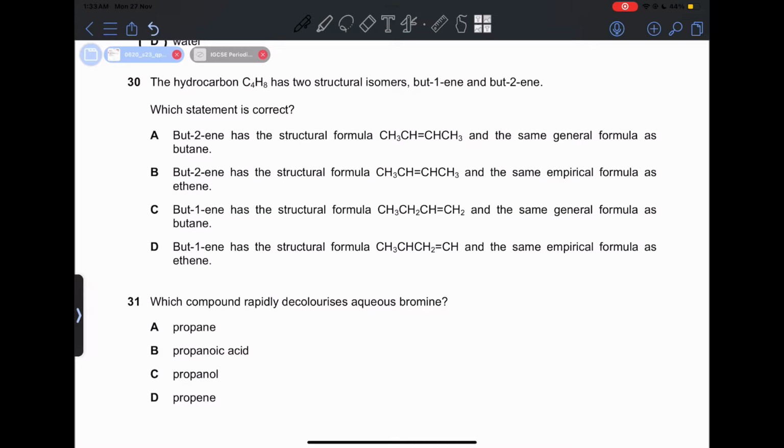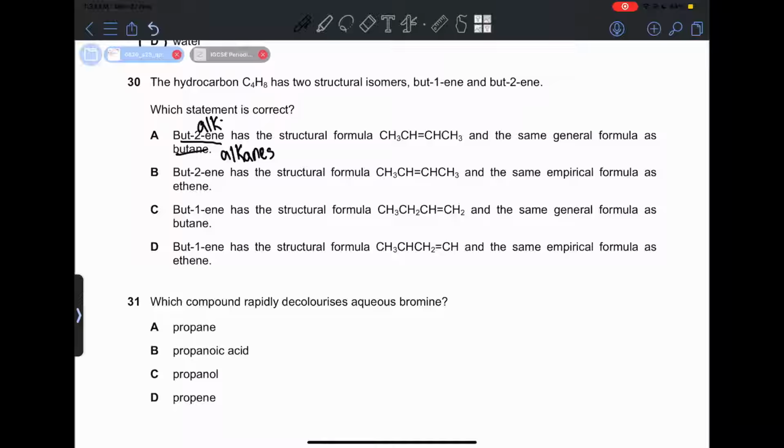30. The hydrocarbon C4H8 has two structural isomers, but-1-ene and butene. Which statement is correct? A says butene has the same structural formula and the same general formula as butane. Actually, this is an incorrect answer because, first of all, butane belongs to the alkanes and butene belongs to the alkenes. So actually, this is a different homologous series.